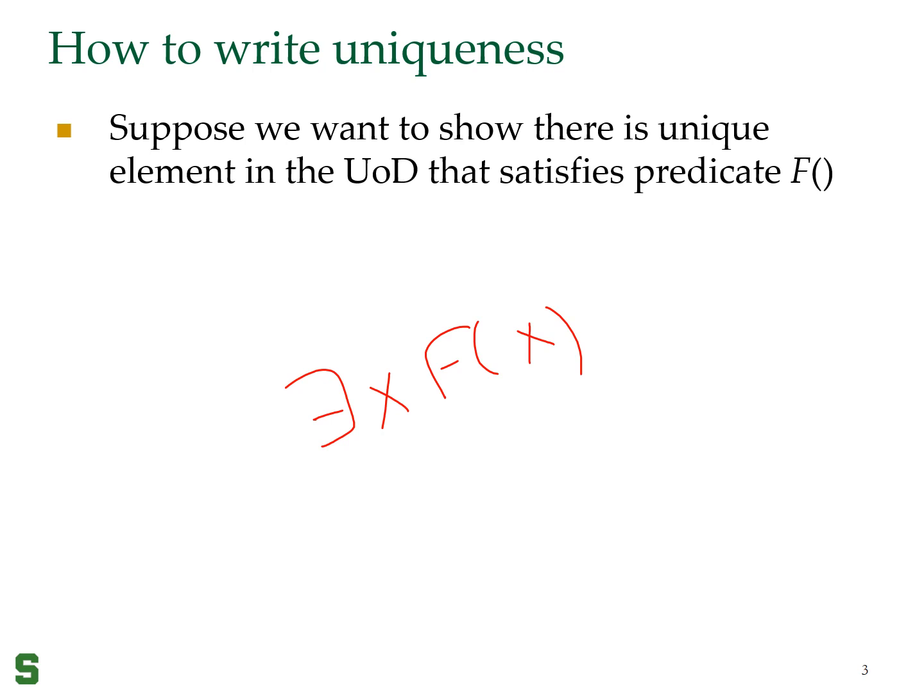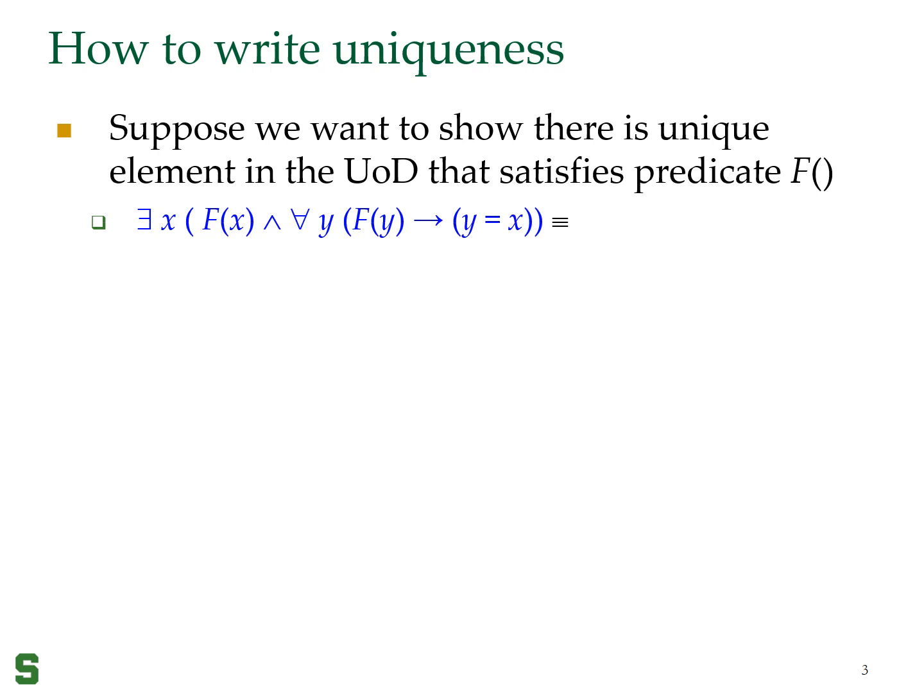So we want to say that there is exactly one element in the set that satisfies this property. An example would be there is exactly one prime number that is even, something like that. So the simplest way to think about this is using this formula.